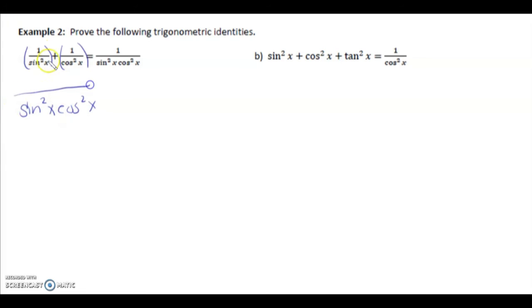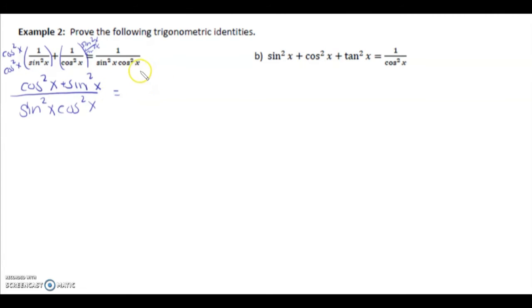I'm going to multiply the first term by cos squared x over cos squared x, and the second term by sine squared x over sine squared x. So in the numerator, we're getting cos squared x plus sine squared x.